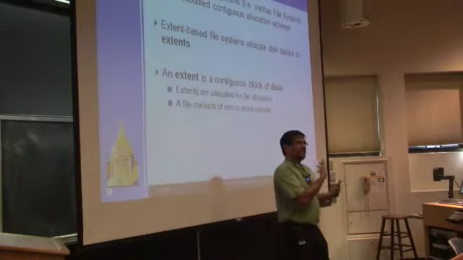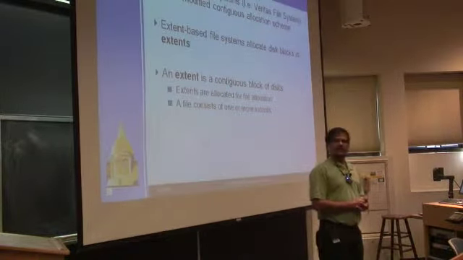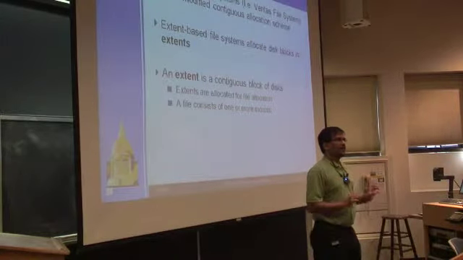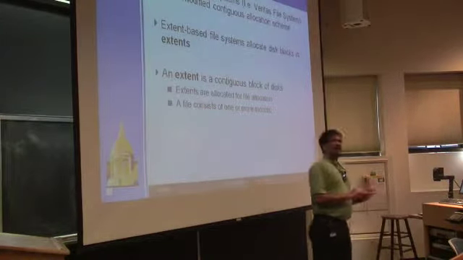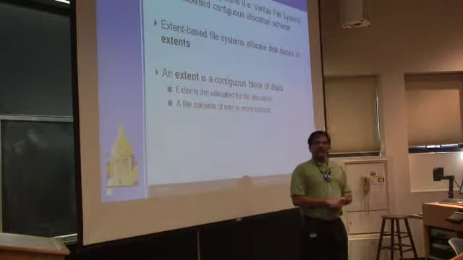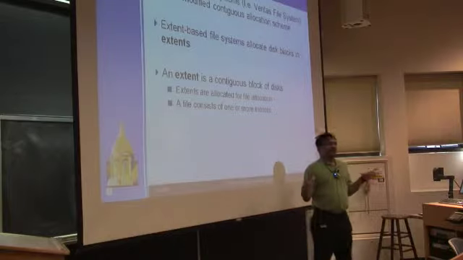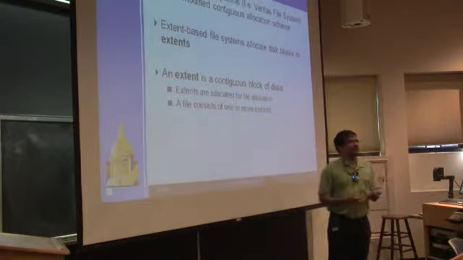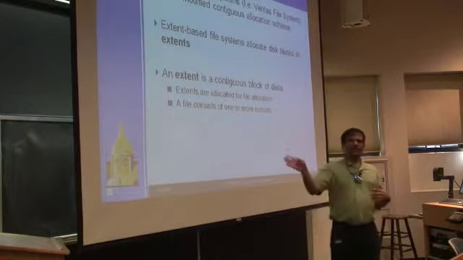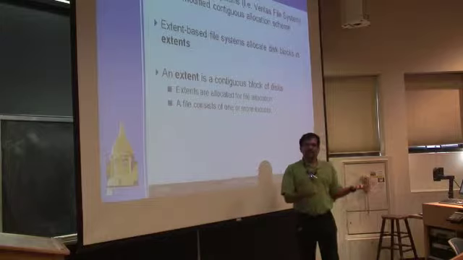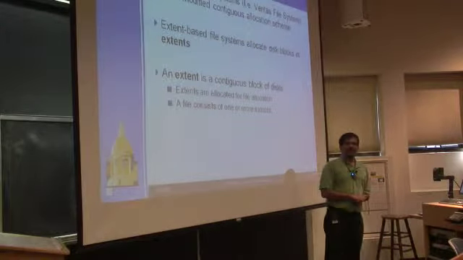You'll now have internal fragmentation within your extent. And if you want to grow, you can have multiple extents. So you get the best of both worlds, right? It's wasteful because of the internal fragmentation, you lose a whole bunch. If I give you an extent of 100 blocks, and your file is only 1 block, then you will waste 99 blocks. But otherwise, you could get good performance, right?